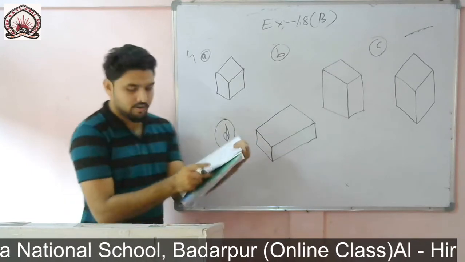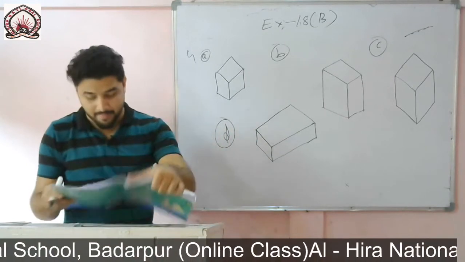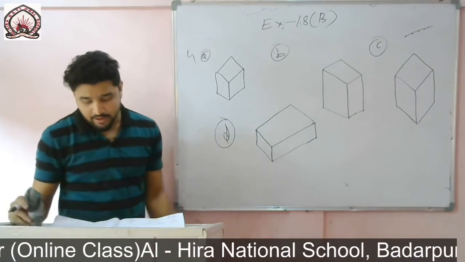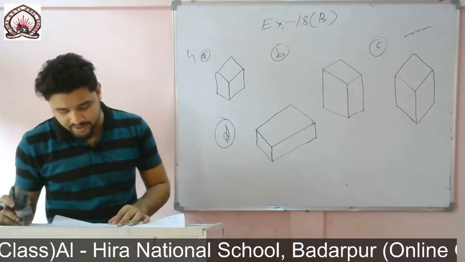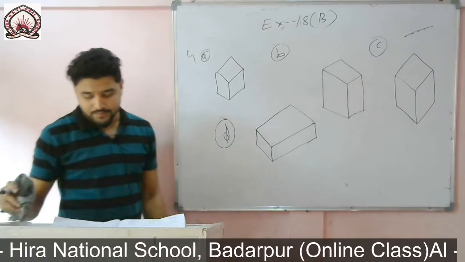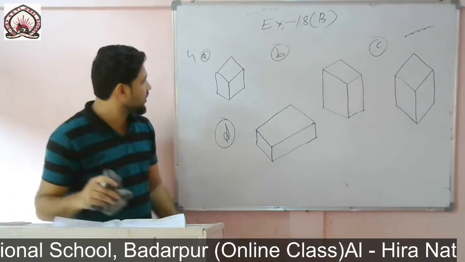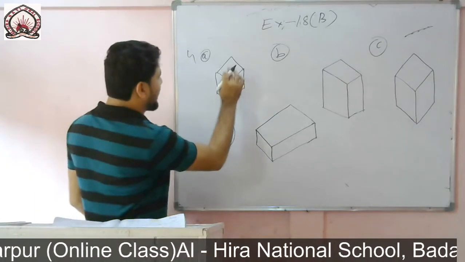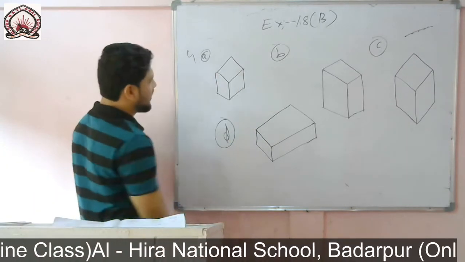Now come to question number 5. Draw the following cubes of side 2 units. Cubes of side 2 units. So cubes of sides 2 unit will be what? You see, this will be the answer.